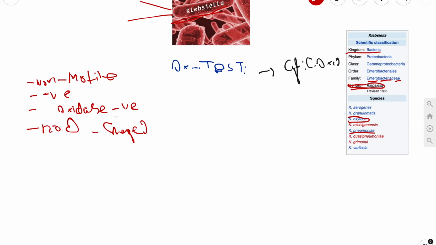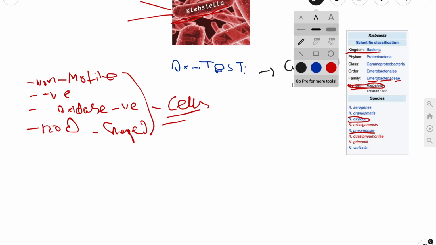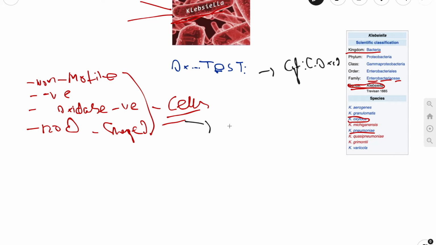And if you're talking about the cells of Klebsiella, remember this one. Let me change the color first. So these cells are rod shaped, and they measure about 0.3 to 1.5 micrometer in width, and when talking about the length, they measure between 0.5 to 5 micrometer.